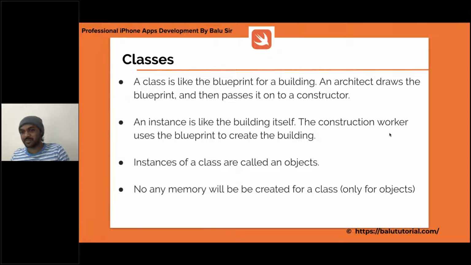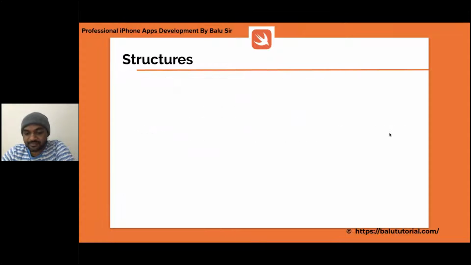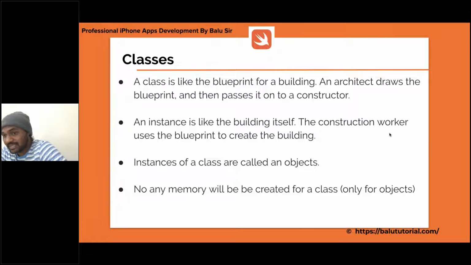Same concept for the last point: defining a class to design a data model doesn't take any memory allocation. Memory allocation happens when the object is constructed. Okay, then before going to something else, let's start with the classes directly.